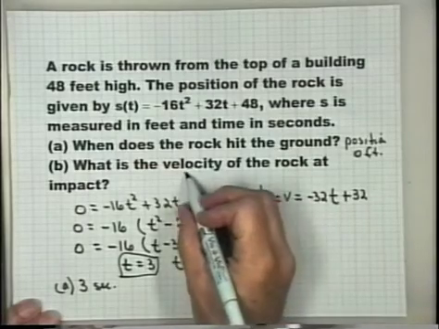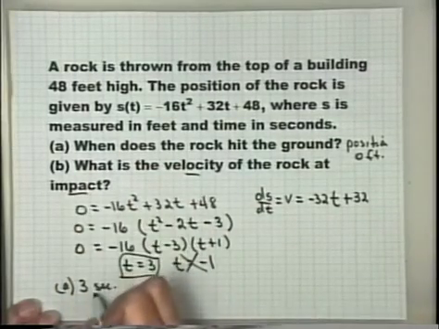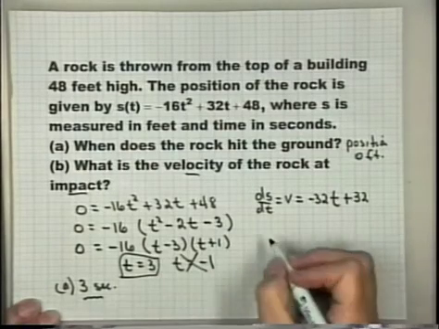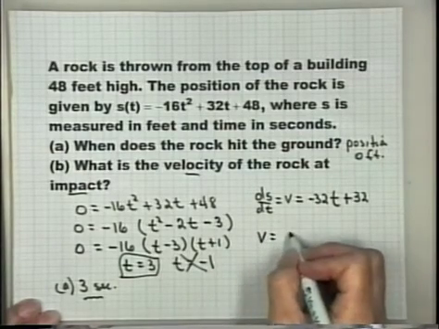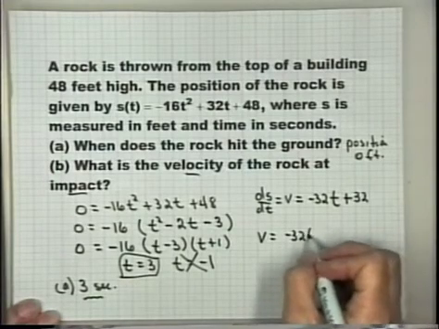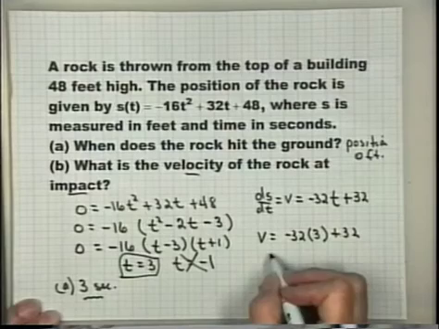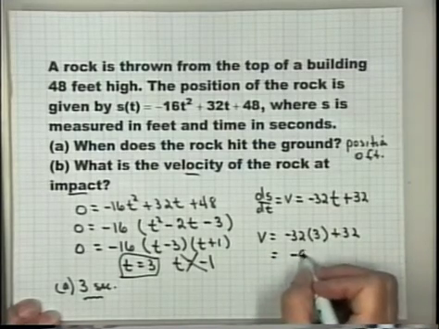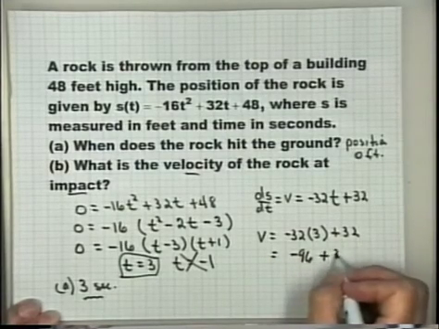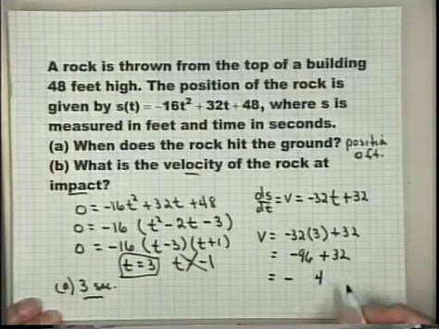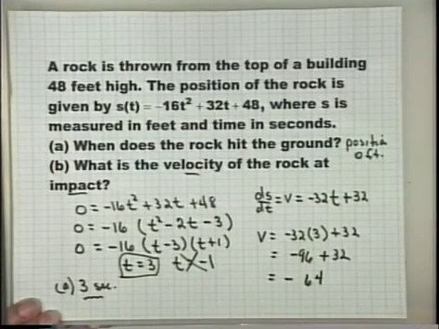I wanted to know the velocity at impact. I hit the ground when time was 3 seconds. So my velocity will be negative 32 times my time of 3 seconds plus 32. This gives me negative 96 plus 32. And let's see, I'm going to get a negative 64 here, right?